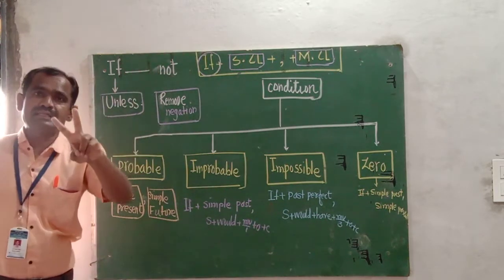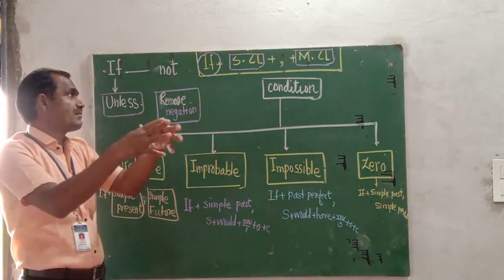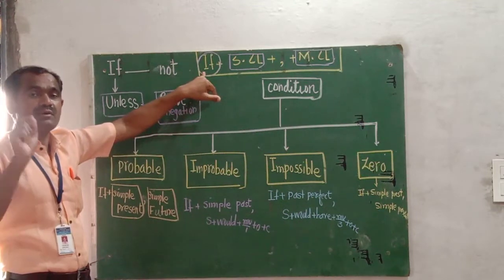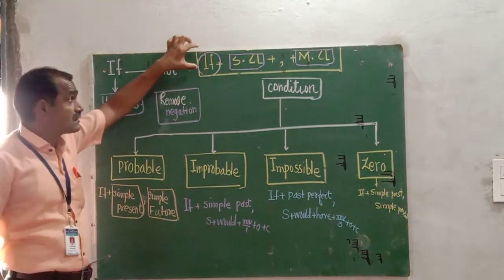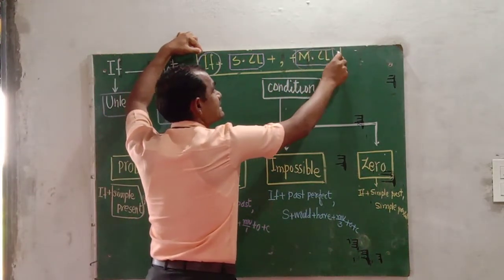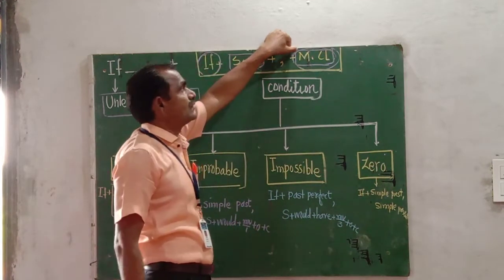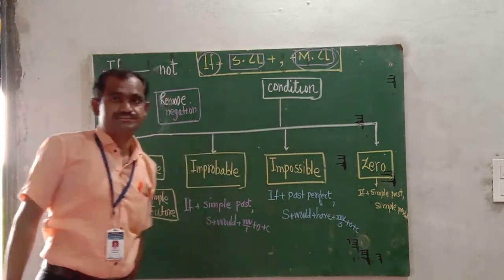There are two sentences combined with each other with the help of a special conjunction, that is if. The sentence having the presence of if is called the subordinate clause, and the sentence which follows the if is called the main clause.